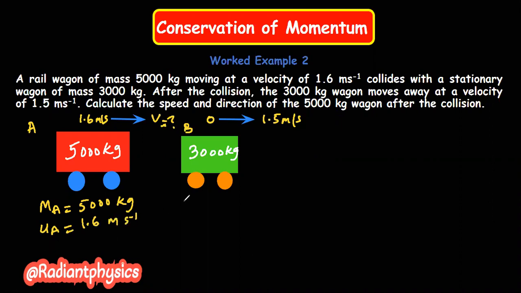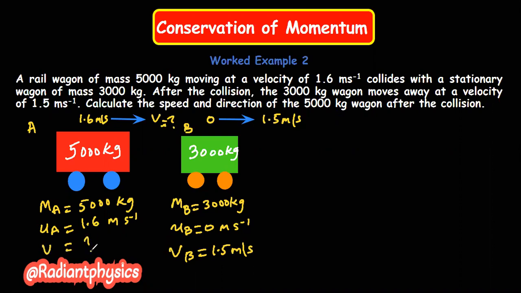And then mass B is 3,000 kg, and its initial velocity, which is UB, is given as 0. But we have its final velocity VB, which is given as 1.5 meter per second. Here, the final velocity is not given, so we are going to look for it.